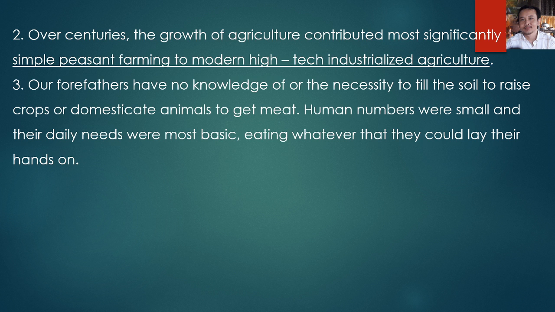This is because the human number was small. They didn't care too much about how to domesticate animals to get meat or the necessity to till soil to raise crops, because the numbers in the families or villages were very small.